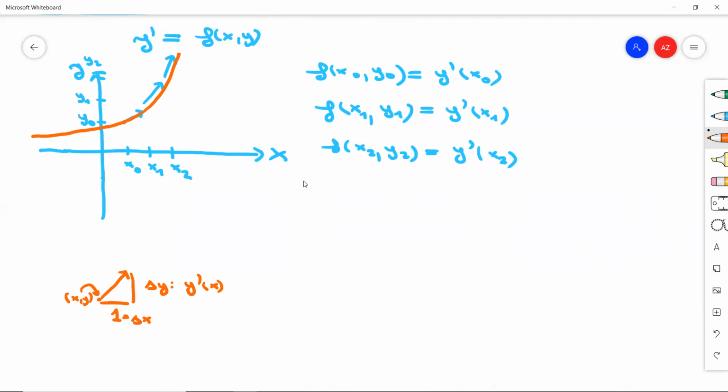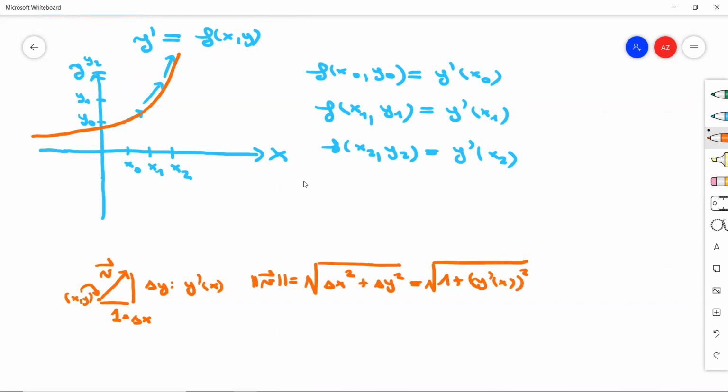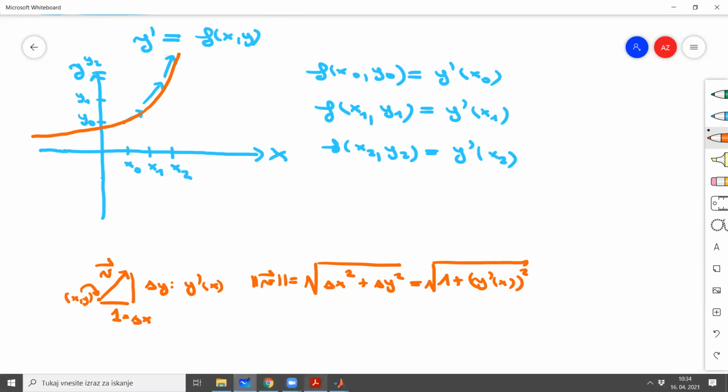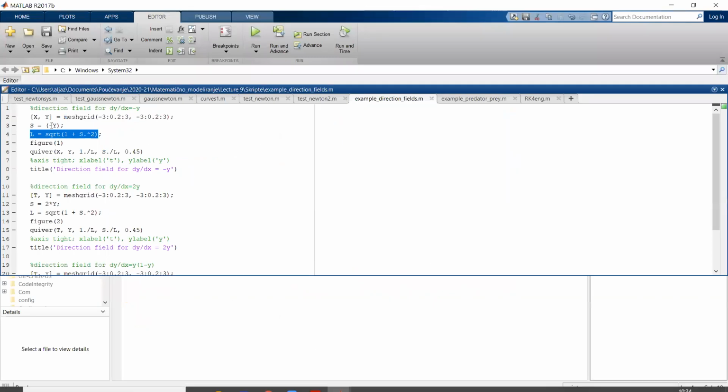If I take the difference on the x-axis to be 1, then the difference in y will be y prime of x. So the length of this vector v is the square root of the change in x squared plus the change in y squared. So it's the square root of 1 plus y prime of x squared. This is what I compute here.